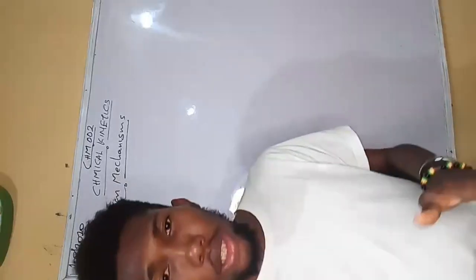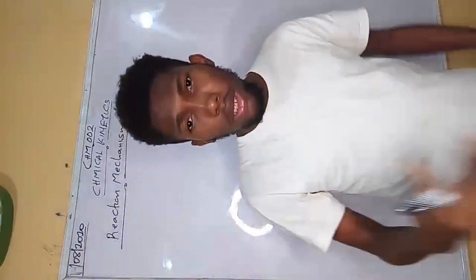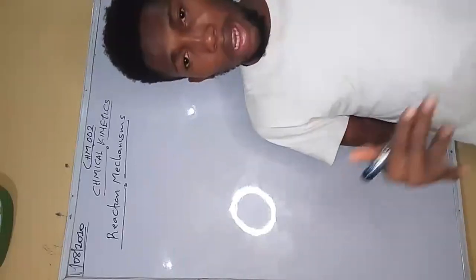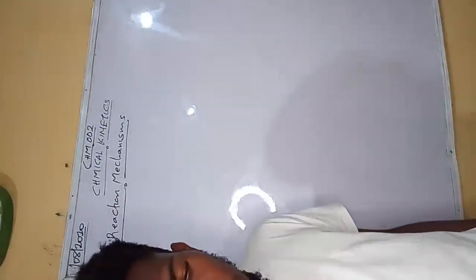What do we mean by reaction mechanisms? These are the series of steps that occurs before a complete reaction can take place. That's what we refer to as reaction mechanism.